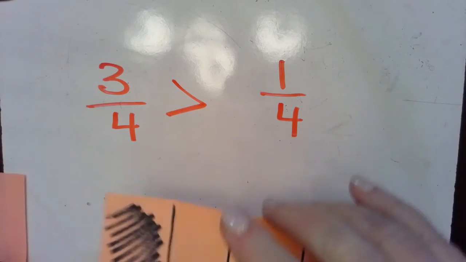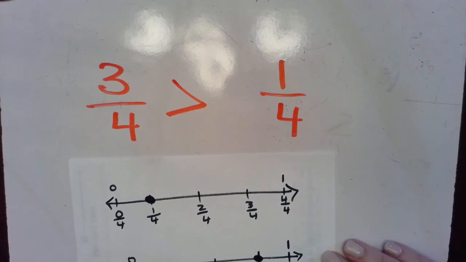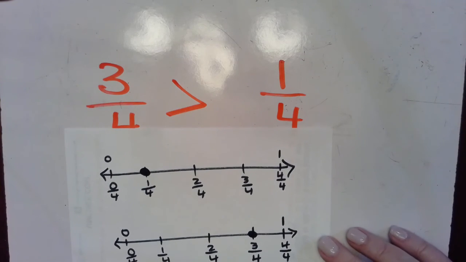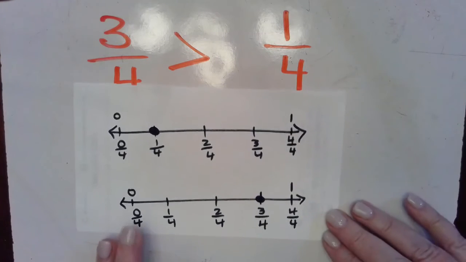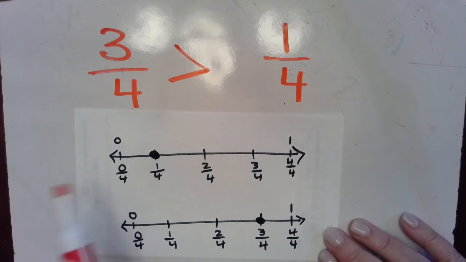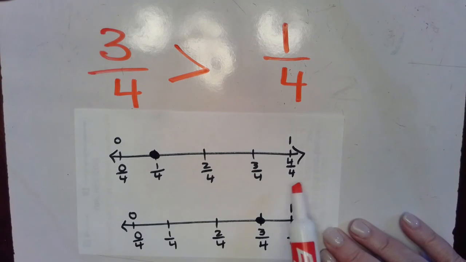All right, the other model that we might use in third grade to represent this would be this number line model. Okay, I'm going to cover it up, but y'all get the idea, right? Well, here we go. Okay, so we've got 1/4 of the distance to one whole and 3/4 of the distance to one whole.